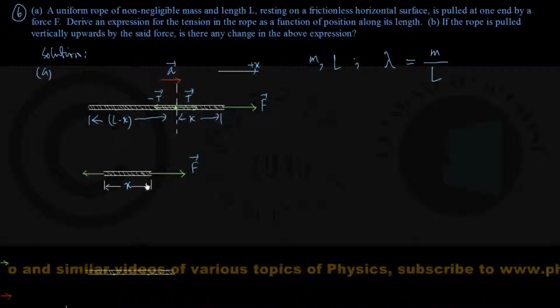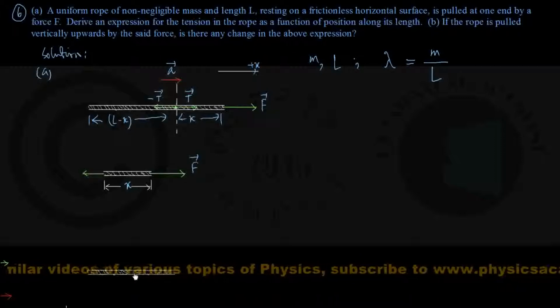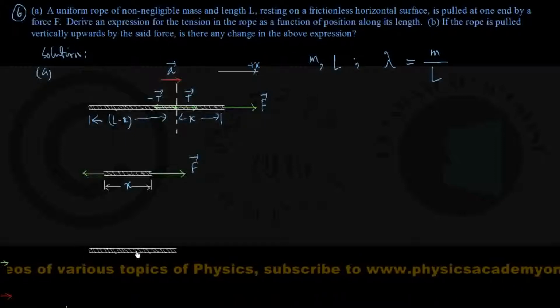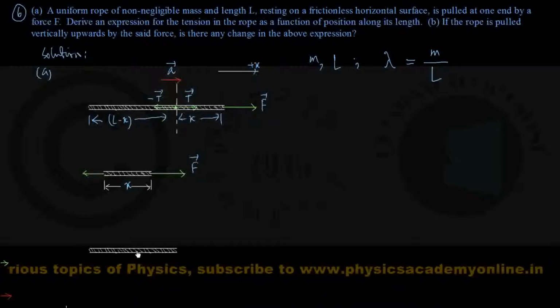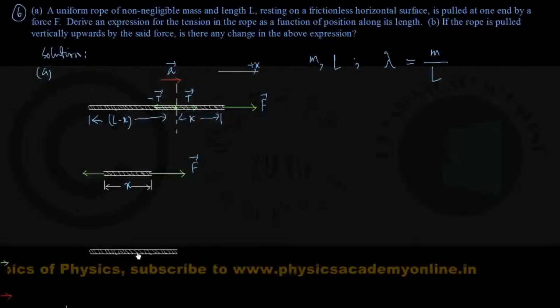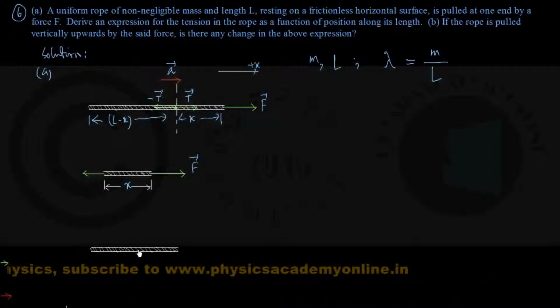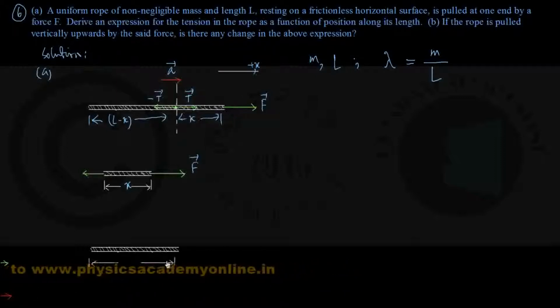We have to understand that. So for that, let me draw the FBD of the other part, the left side part, also simultaneously. I draw these two figures side by side for your convenience, and here the length of the left side portion of the rope is L minus x.